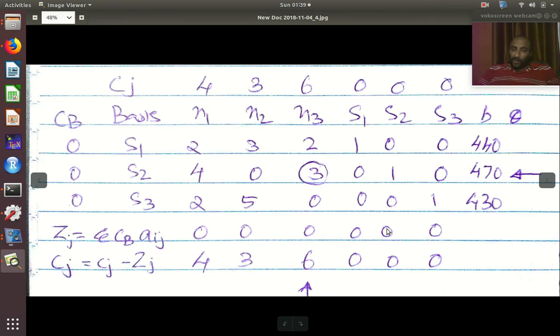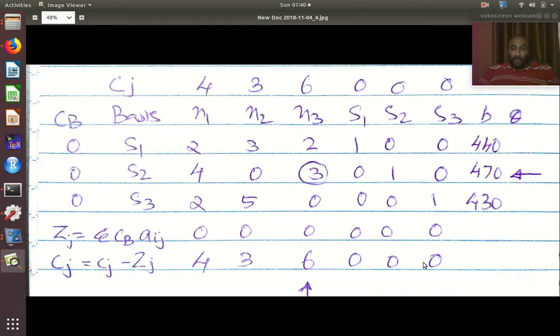Similarly we can obtain all these values. After that we calculate capital Cj equal to small cj minus zj, so we have zj here and cj here. This 4 minus 0 gives 4, 3 minus 0 gives 3, 6 minus 0 gives 6, and so on.